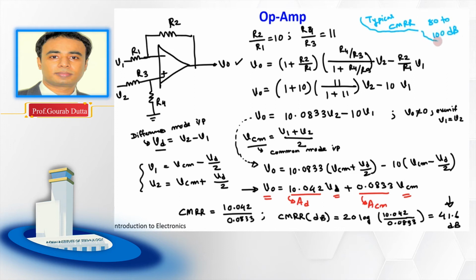Remember this value. Okay. So as expected, the CMRR value has to be as high as possible, right? I hope with this the concept of common mode gain and the concept of CMRR is clear to you now?